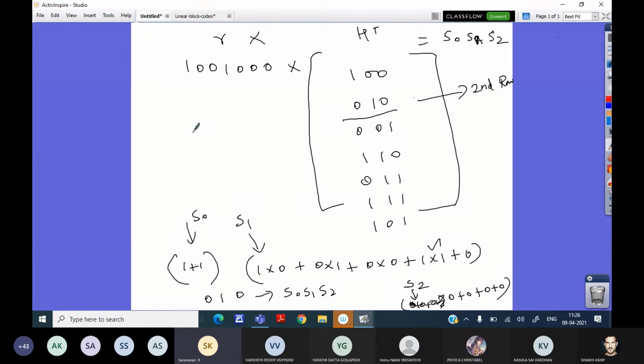So we have to correct the second bit from left to right, from the MSB. The same syndrome value is going to be available in H transpose as one of the rows. When no error occurs, all 3 bits of the syndrome are going to be 0 always. Is it clear?